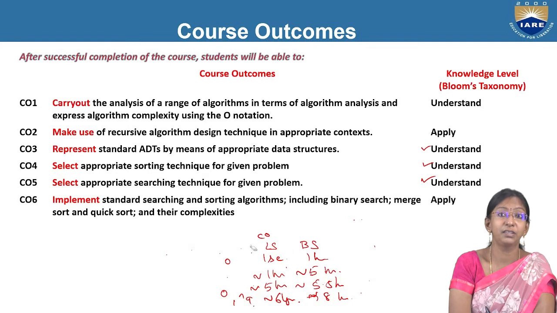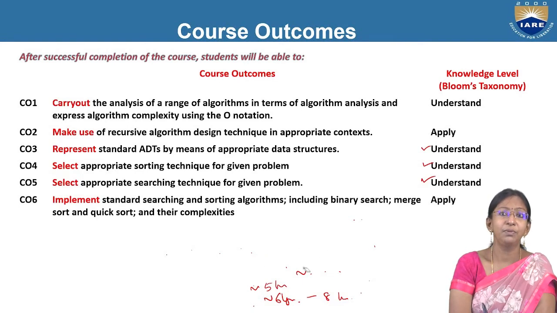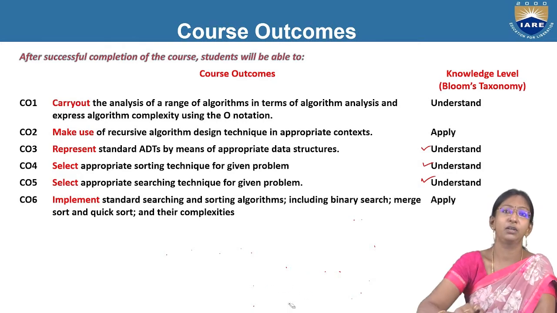As I said, the first outcome is the backbone for all the remaining ones. Whatever technique or data structures you are using, their working will depend upon time and space complexity. That is the backbone of your data structures, guys. You must be very, very strong in that.